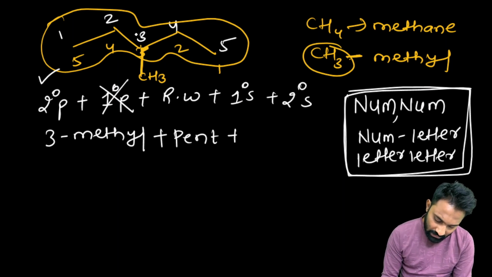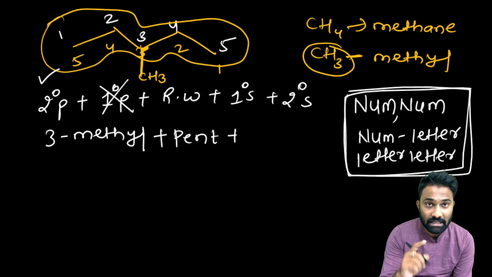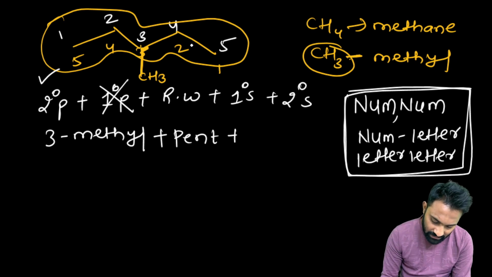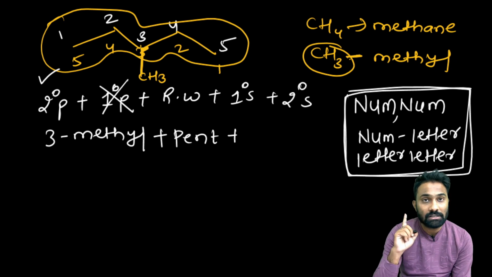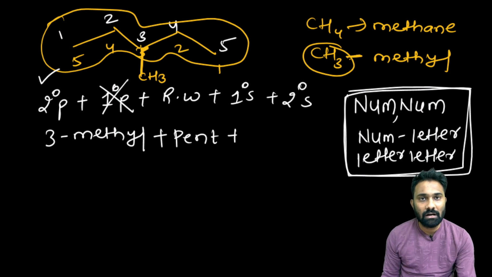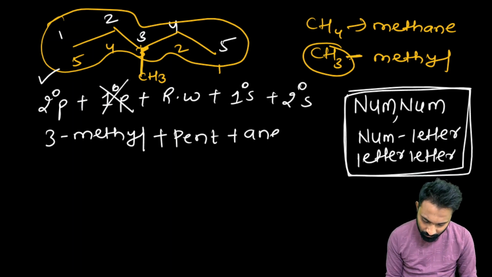Now, in the organic compound, are you seeing any double bond? Any triple bond? Any functional group? No, right? All the bonds in the parent carbon chain are single bonds in a straight chain. If all carbon-carbon bonds are single bonds, then the first degree suffix will say it as ane. Clear?